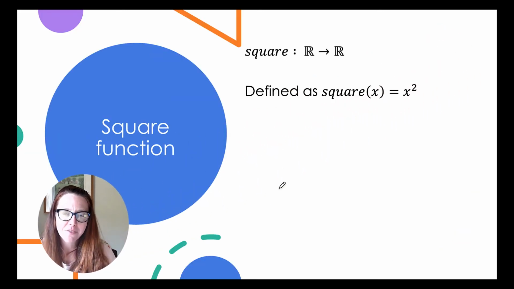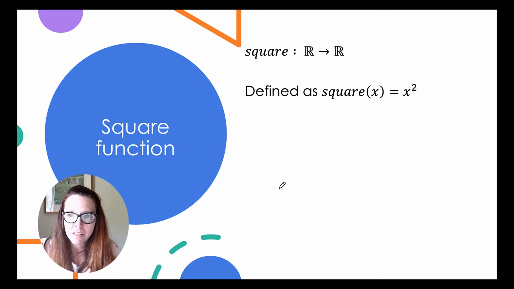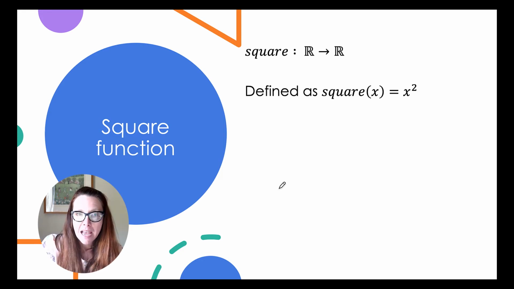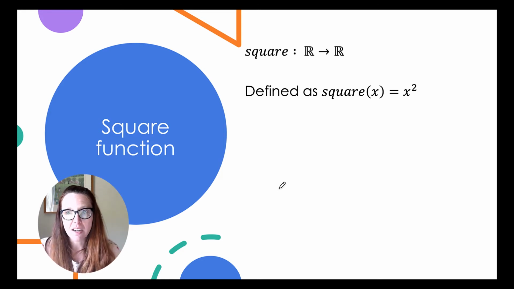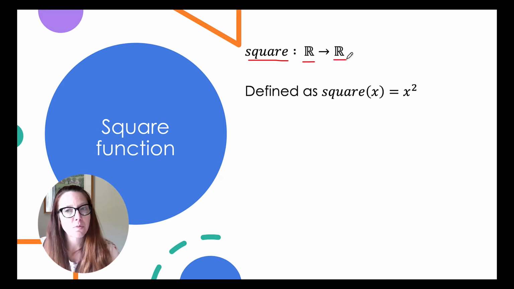So let's look at a function that everybody has seen before, and that is the square function. If we want to square something, we want to map x to x squared. We apply a function, and we'll call that function square. We're allowed to square any number within the reals, so we're going to map from the reals to the reals.